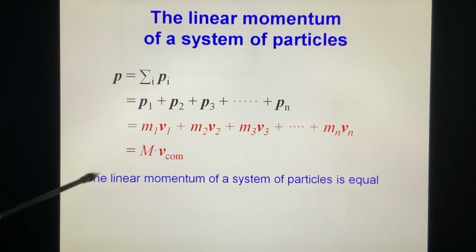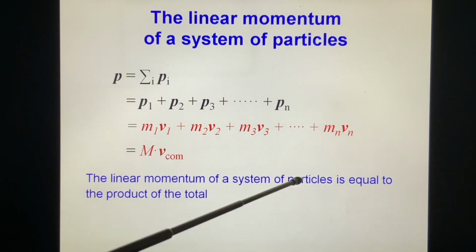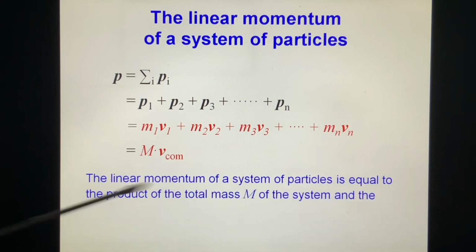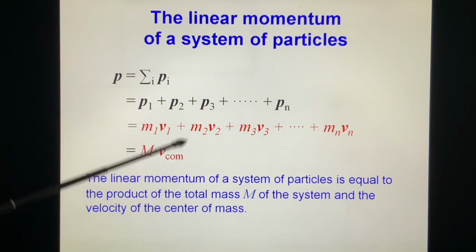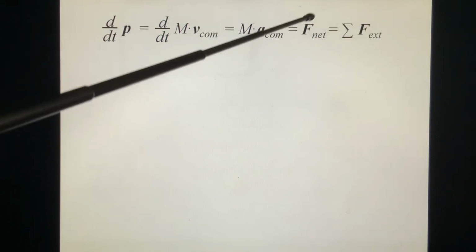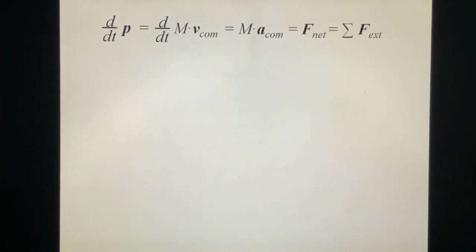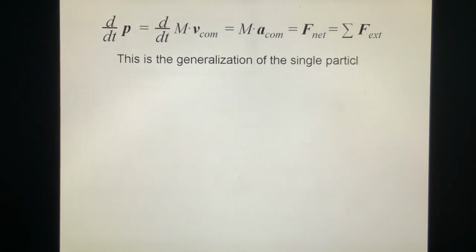Conclusion: the linear momentum of a system of particles is equal to the product of the total mass M and the velocity of the center of mass. This dP/dt is equal to the sum of the external forces. This is the generalization of the single-particle equation to a system of many particles.